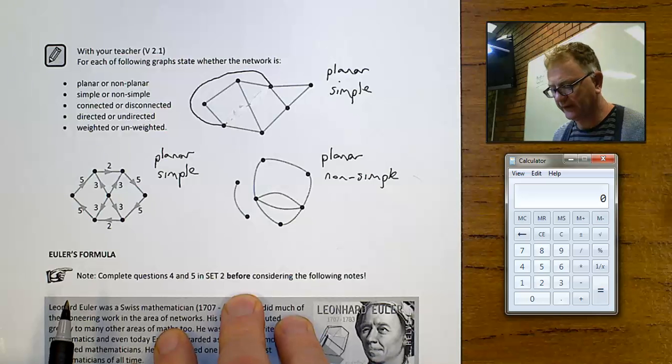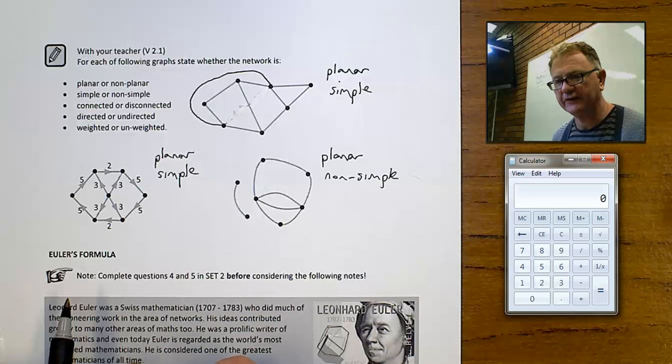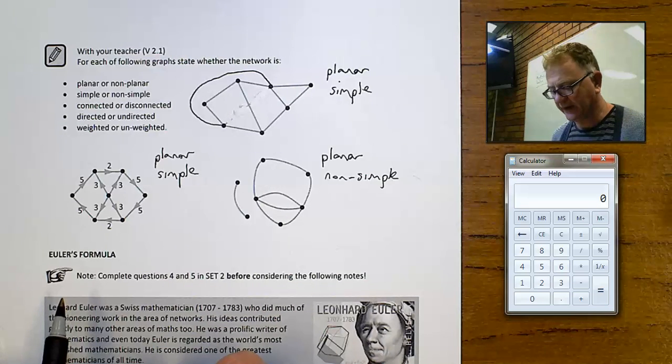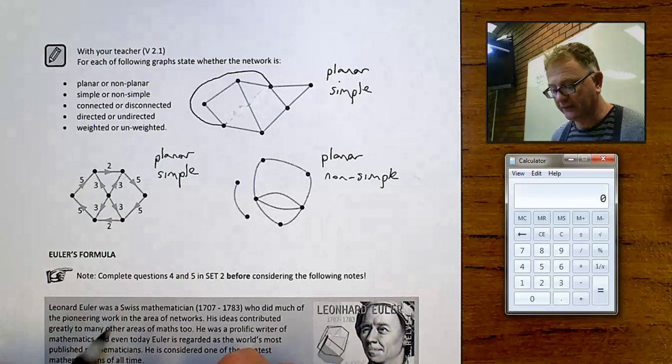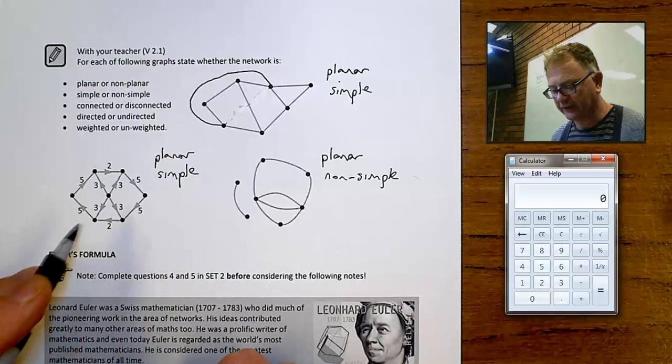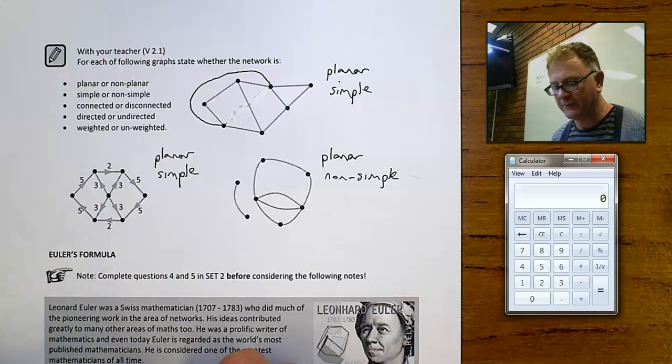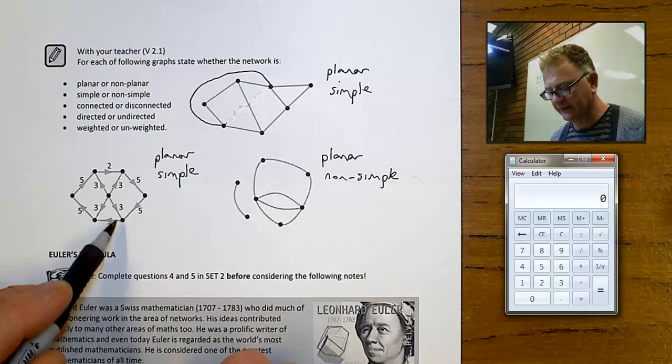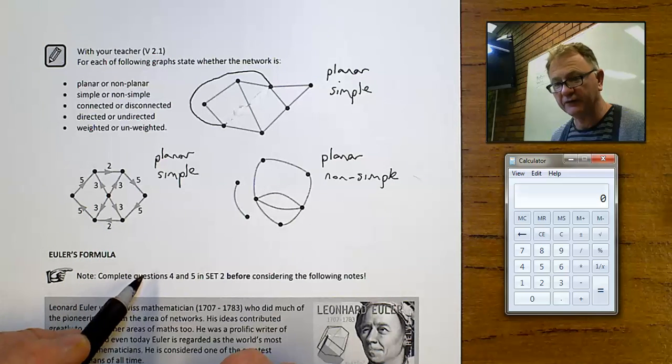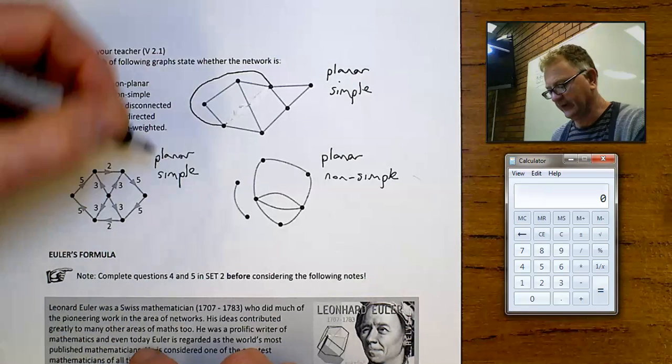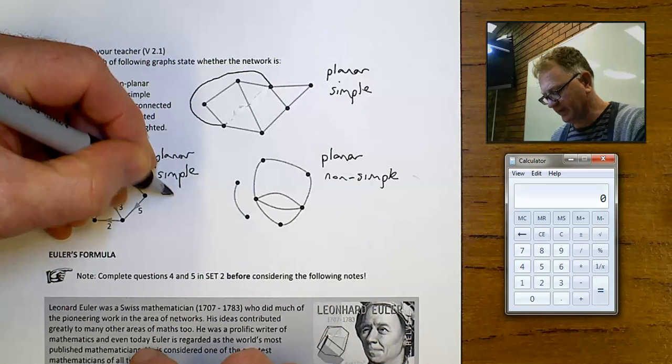Connected or disconnected? A network is connected if between any 2 vertices you can find a path via means of edges. So from any point here you can get to any other point via means of the edges. This is a connected network.